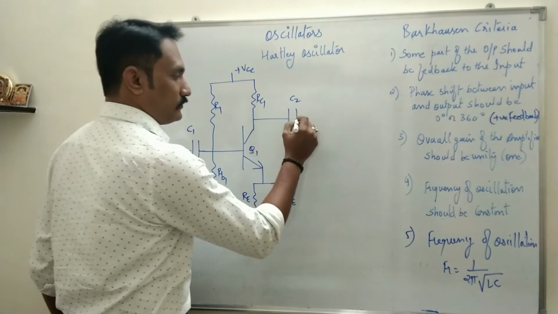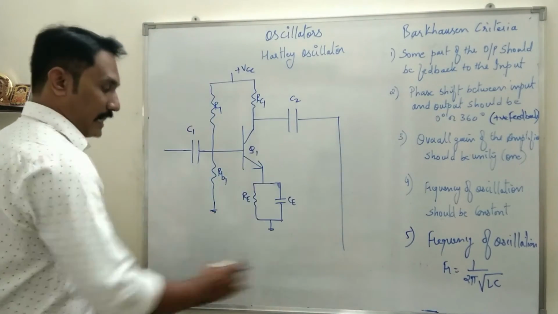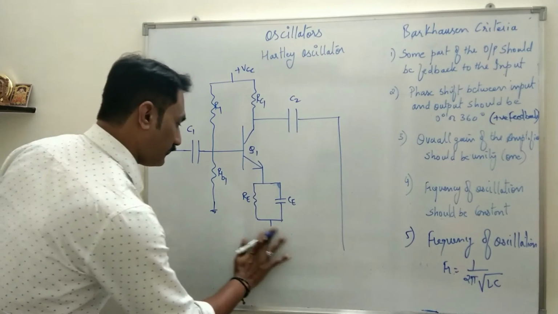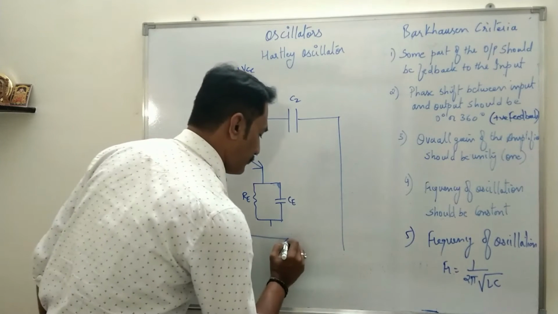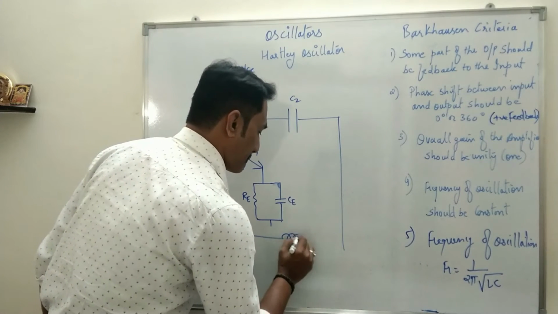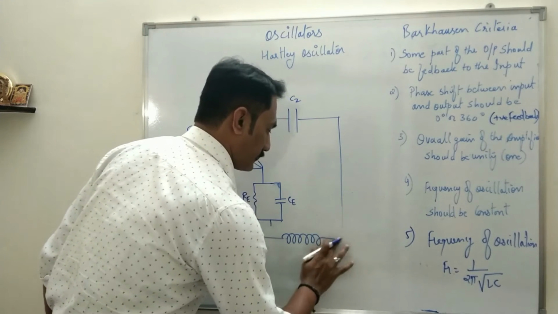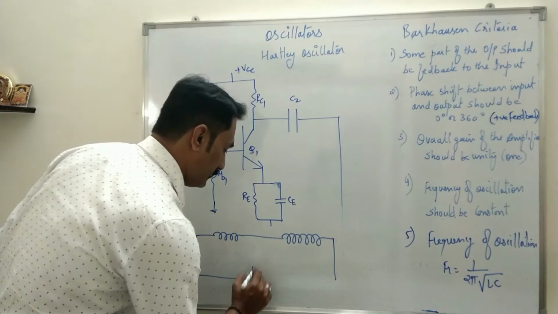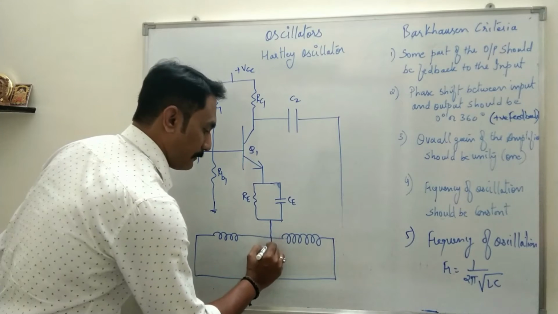Okay, now some part of the output should be connected back to the input through a feedback factor. So in case of a Hartley oscillator, we have two inductors and one capacitor.